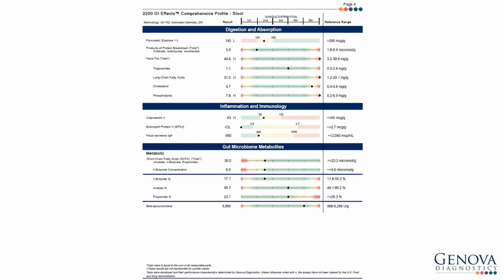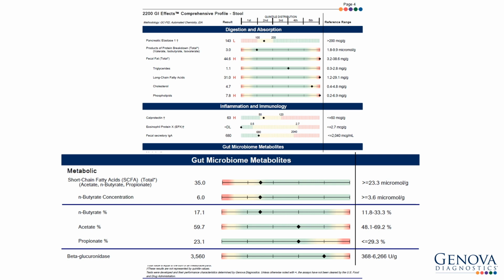At the bottom of page 4, we have the gut microbiome metabolite section. Commensal gut bacteria anaerobically ferment resistant starch and dietary fiber, including prebiotics, to produce the beneficial short-chain fatty acids butyrate, acetate, and propionate.